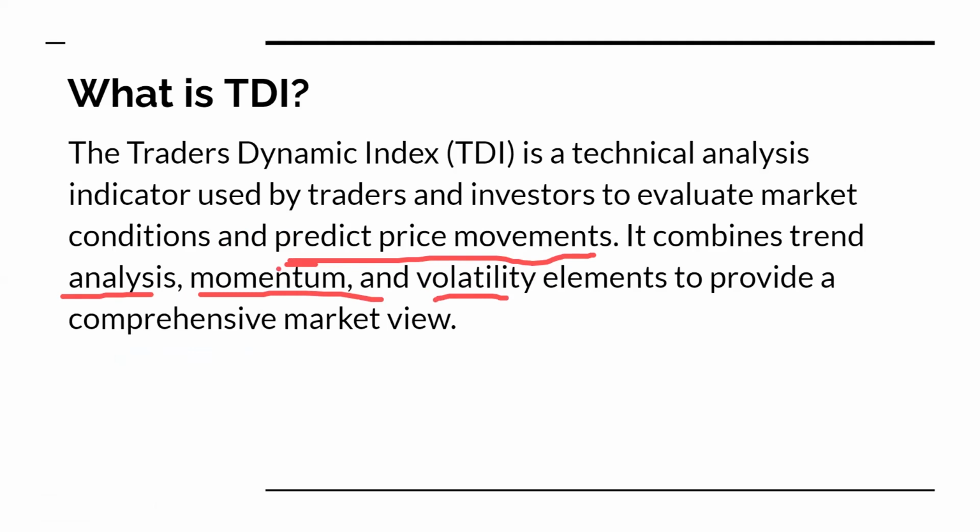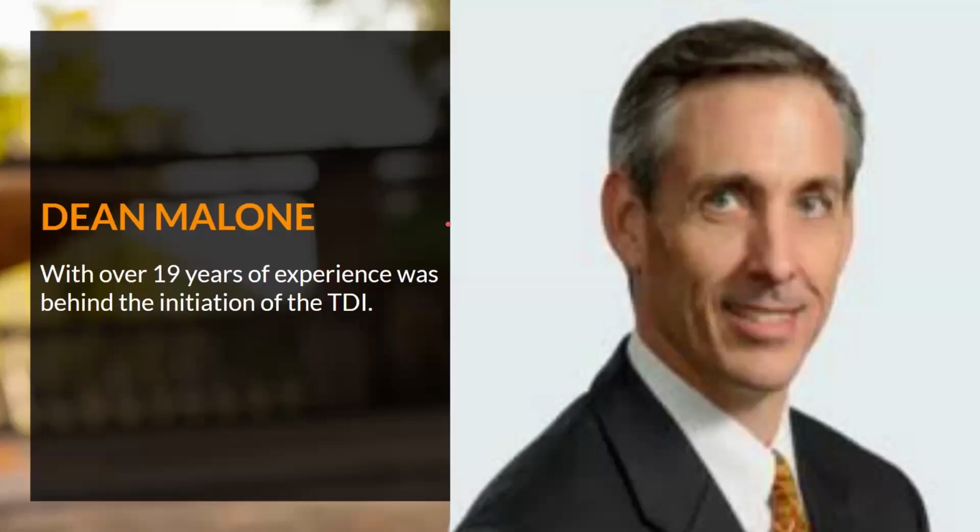That is the TDI. It's so complete. It's one of the best indicators I use once in a while. If I'm having a cloudy judgment on the moves I'm going to take, I bring in the TDI to help me put together all the things I'm looking at: analysis, momentum, and volatility plus the trend. That's how sweet this TDI is.